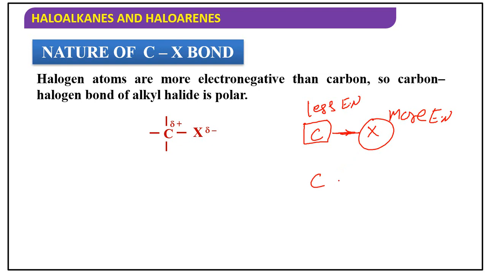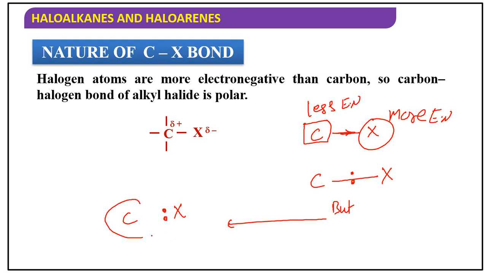See, this is one bond. Our assumption is that the bond pair should be present in between carbon and halogen, but it won't be like that. The bond pair is nearer to the halogen.